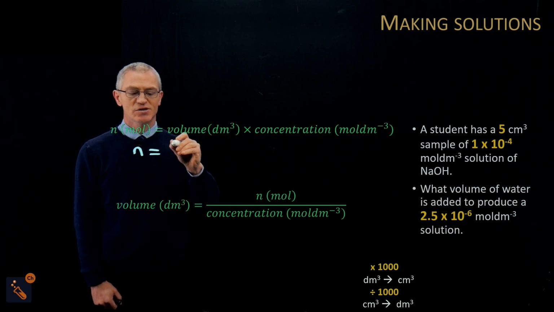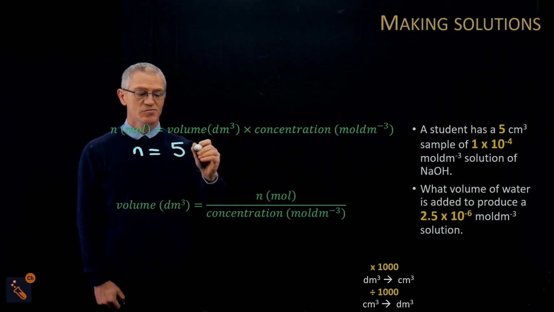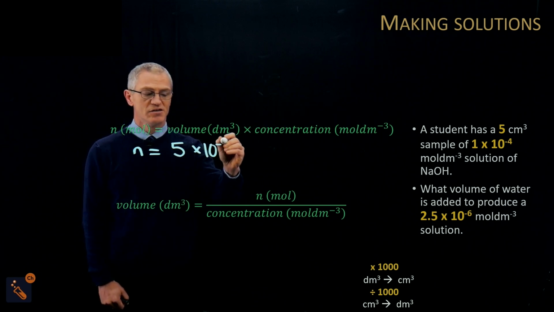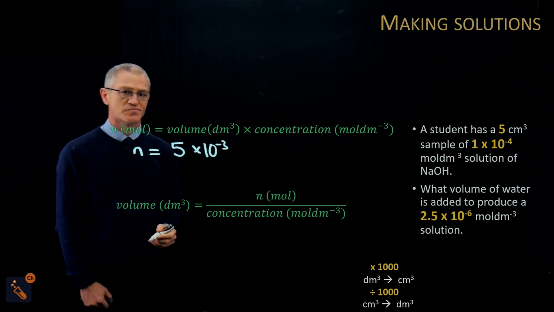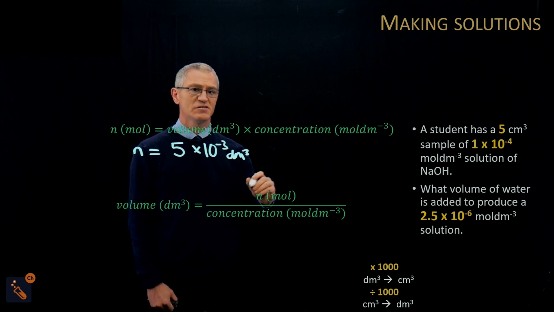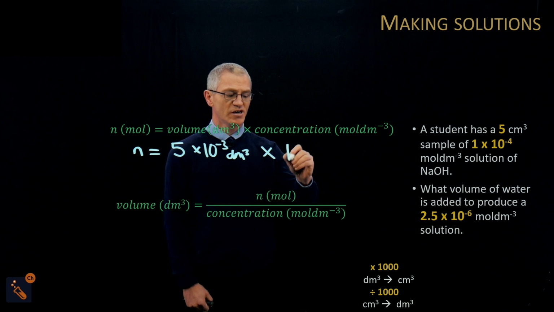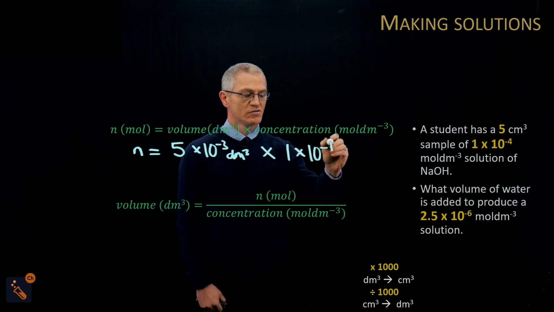So I can even express that in this equation. So I can do 5 from over there, there's my volume, and then just put 5 times 10 to the -3. That automatically converts it into decimeters. Then I will times that by the concentration that I have, which is 1 times 10 to the -4.